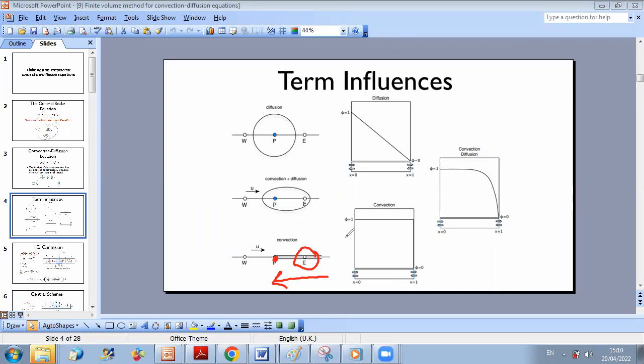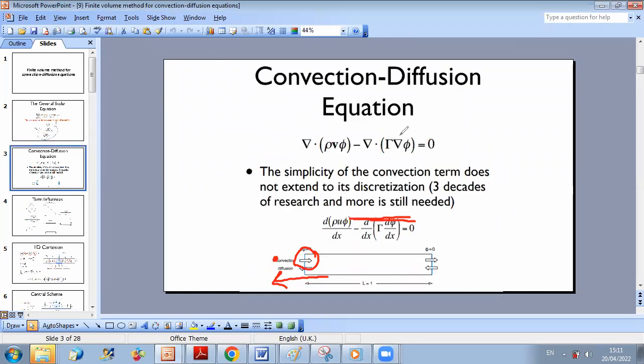And we consider that if we just have convection, then the value will be transported in the direction of the flow, and it will be constant, because if you go back to this equation and just consider convection, if you don't have the diffusion term, you have rho u phi equal to constant, because the derivative with respect to x of rho u phi is 0.